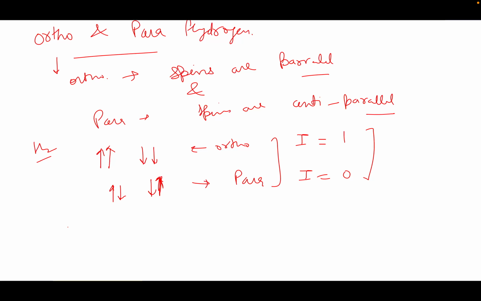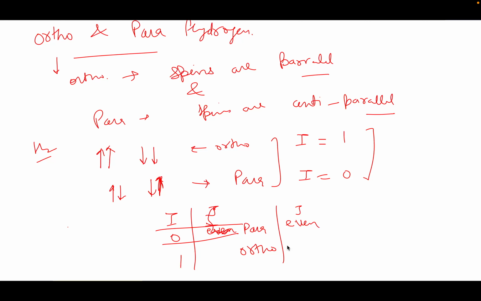And this is very important. For I equal to 0 and 1, J will be even for 0 spin, that is for para, and for ortho J will be odd.